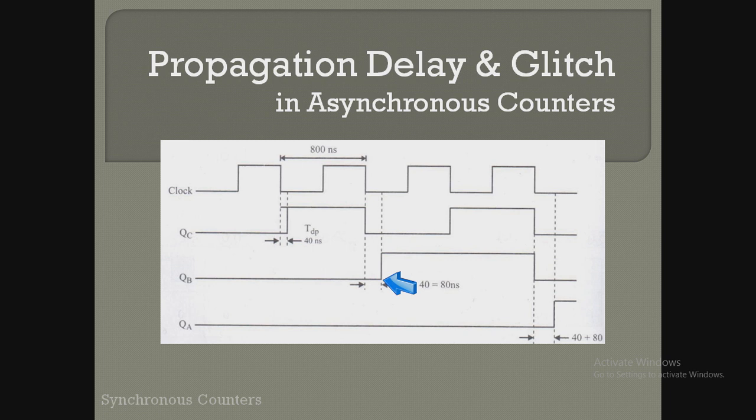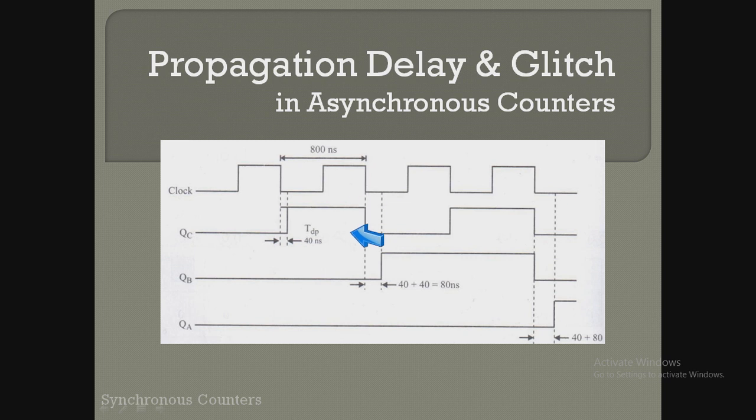So now this triggering will be delayed by 40 plus 40, 80 nanoseconds, and similarly this will go on increasing, so the next delay will be 120. If we use more flip-flops, the 4th, 5th and 6th, this propagation delay will go on increasing. Somehow it becomes so large that it is even larger than a clock pulse, and that will create a problem.